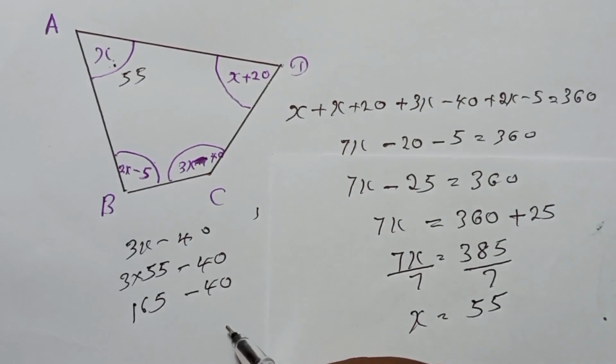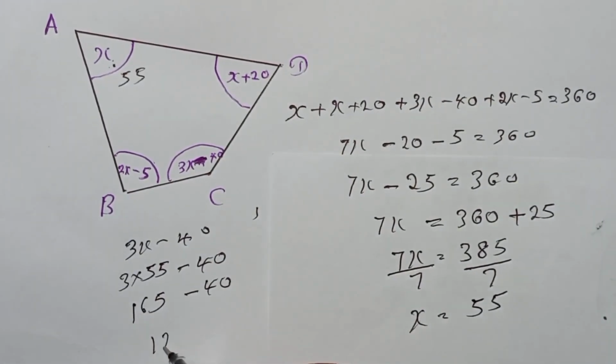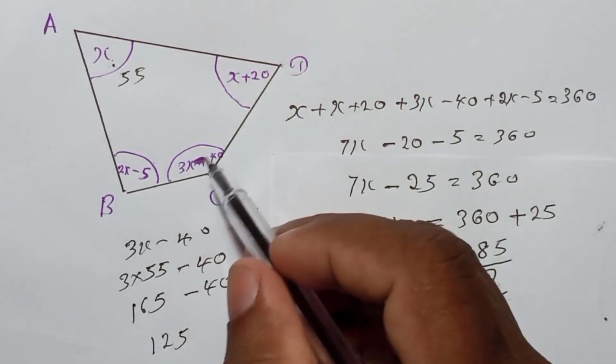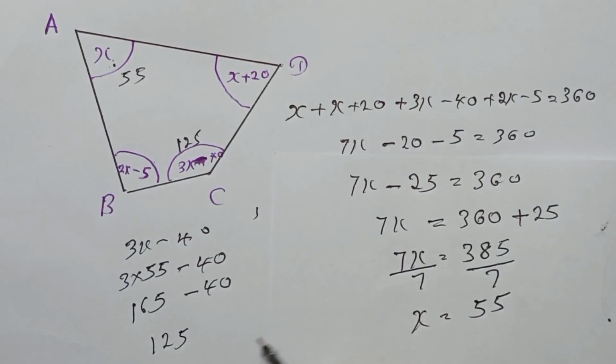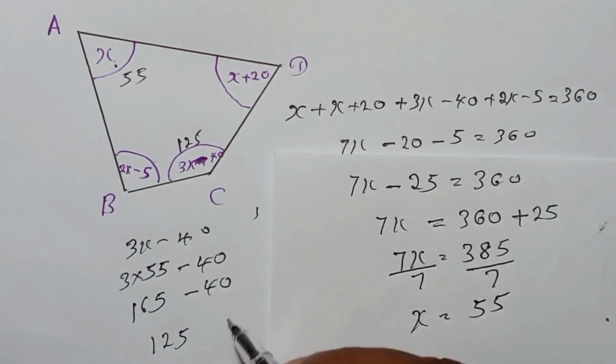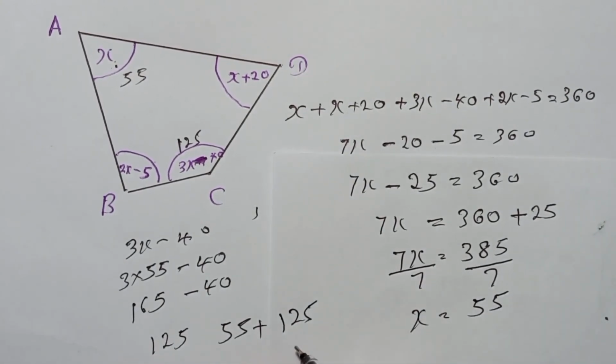And then 40. Okay, 165 minus 40 is 125. Now this angle is 125, right? Now we know when we add together, that means 55 plus 125, the answer here will be 180.